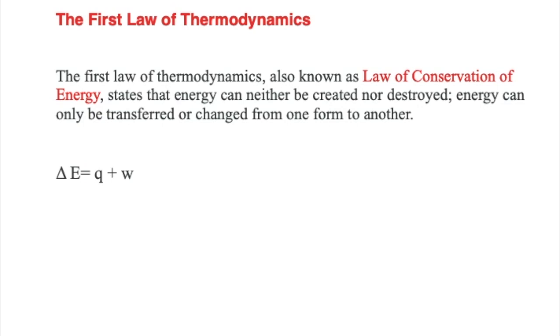Delta E of any system is given by the sum of Q, that is heat that flows across its boundaries, and work, that is W, the work done on the system by the surrounding. So this is the first law of thermodynamics. It is also known as the law of conservation of energy.